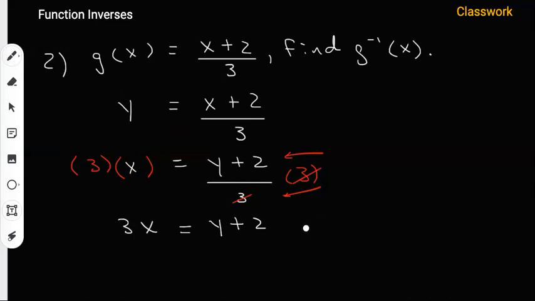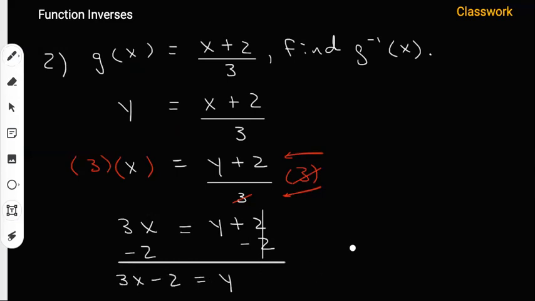So now the last thing I need to get rid of is the plus 2. And I can do that by subtracting 2 on both sides. All right. So when I do that, the 2's cancel out on the right side, and I'm left with y is equal to 3x minus 2. And now I pretty much solved for y, right?